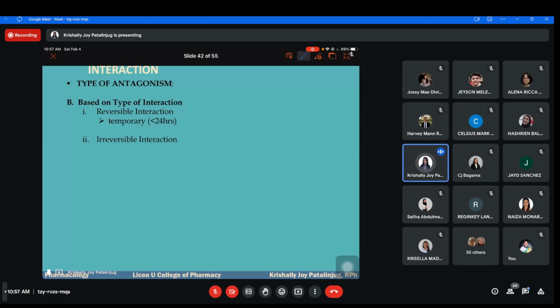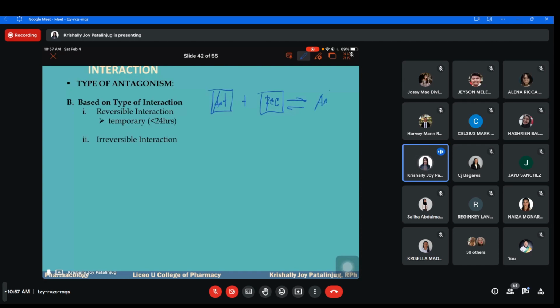So pwedeng ma-reverse back. Okay, temporary. What happens here is the bond that connects the antagonist and the receptor is a weak type of bond. Kaya pwedeng ma-reverse yung interaction.